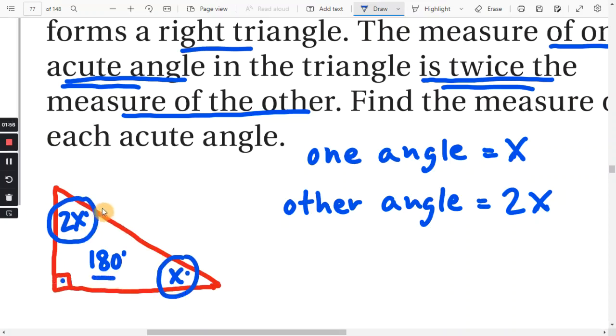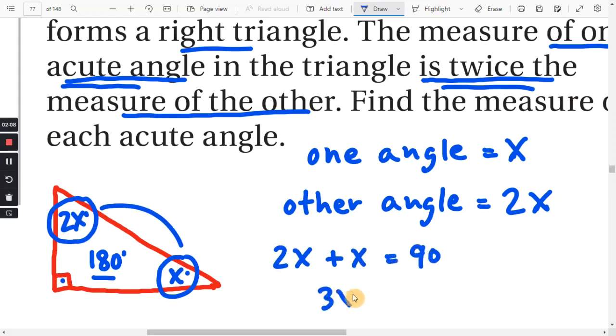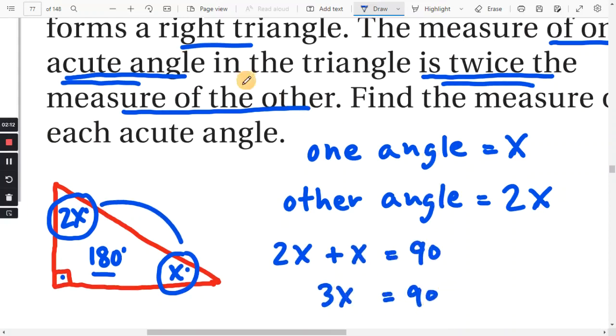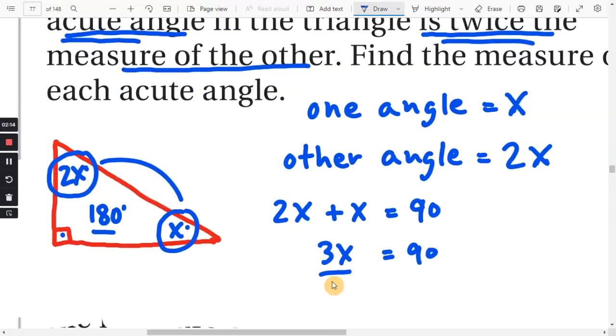So these two combined are just going to be 90 degrees. All right, so we have 2x plus x equals 90. 2x plus x is 3x, and that's 90. All right, and dividing both sides by 3. The 3's cancel. 90 divided by 3 is 30.